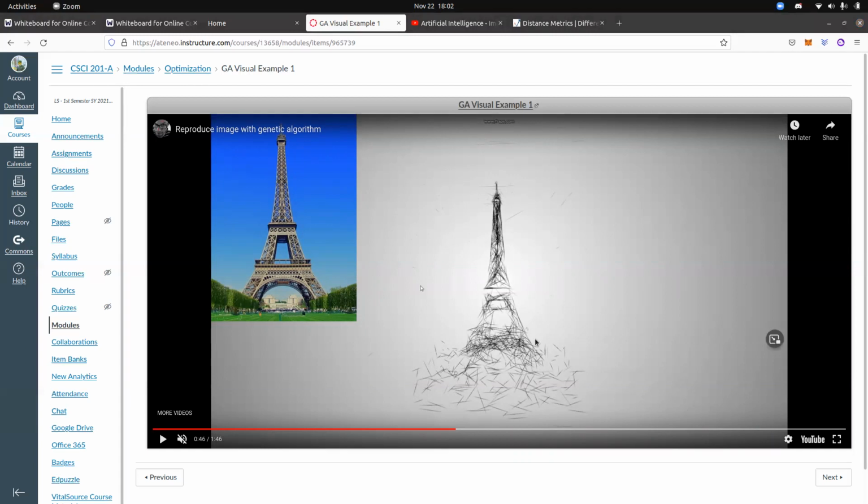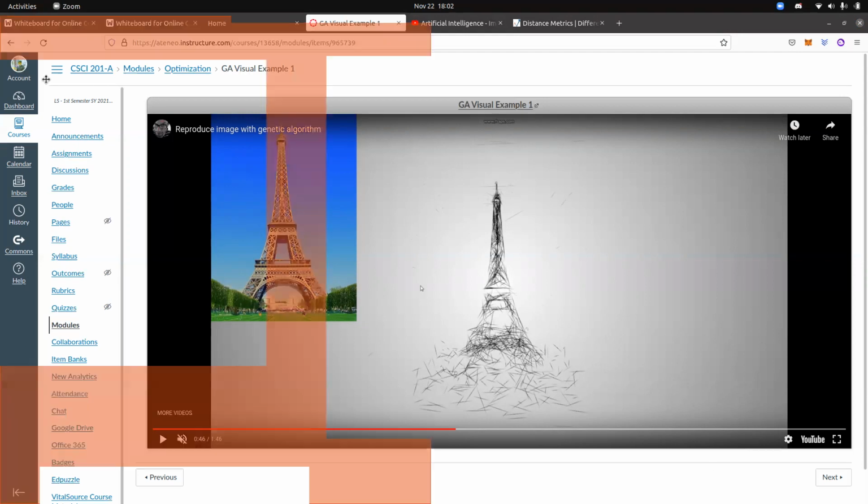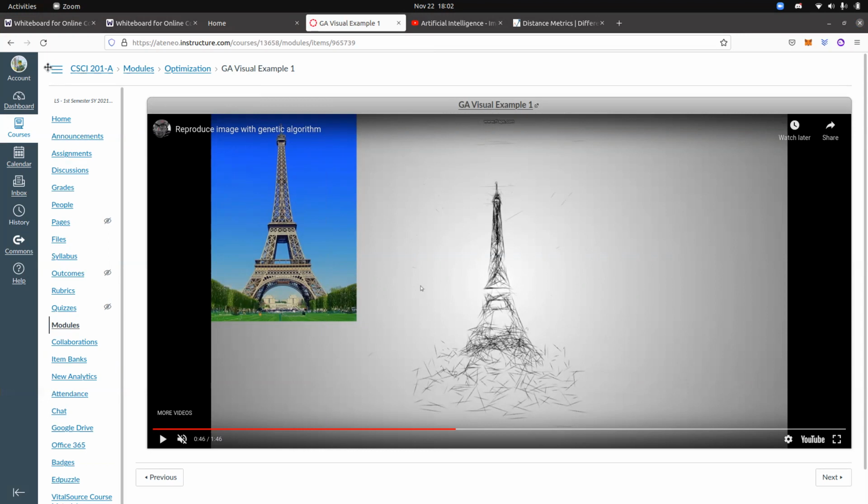And the genetic algorithm is trying to get as close as possible to the ideal picture. So is it a minimization problem or a maximization problem? Anyone? Min or max? Are we trying to maximize something, or are we trying to minimize something?